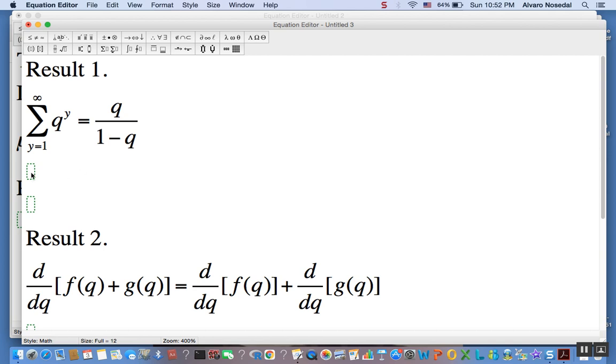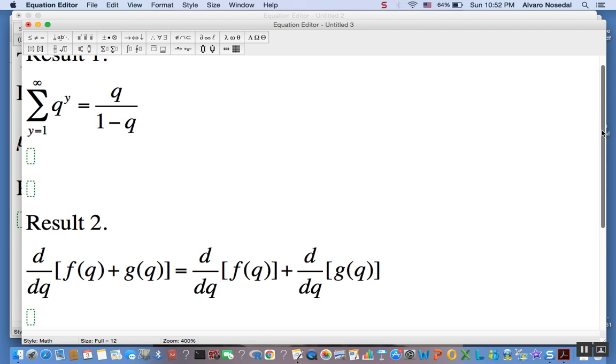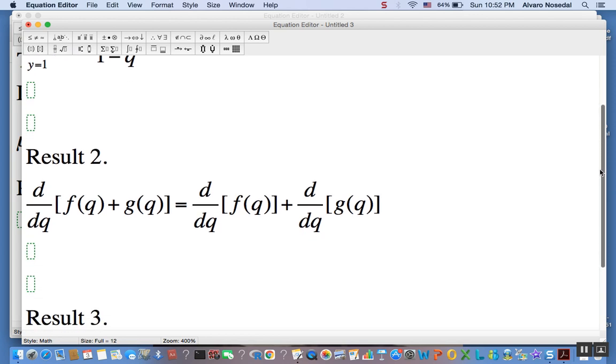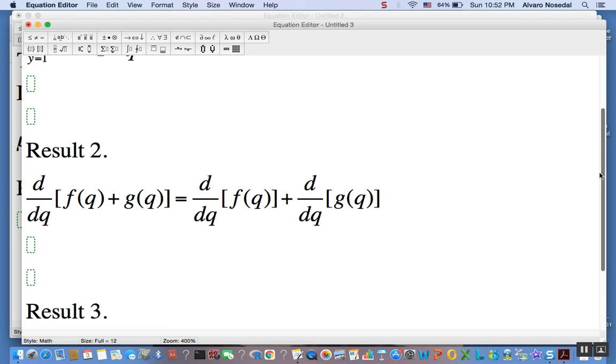We are going to show that result here in this video. Let me show you the other 2 results that we're going to need in order to show that the expected value of a geometric random variable is given by 1 over p.